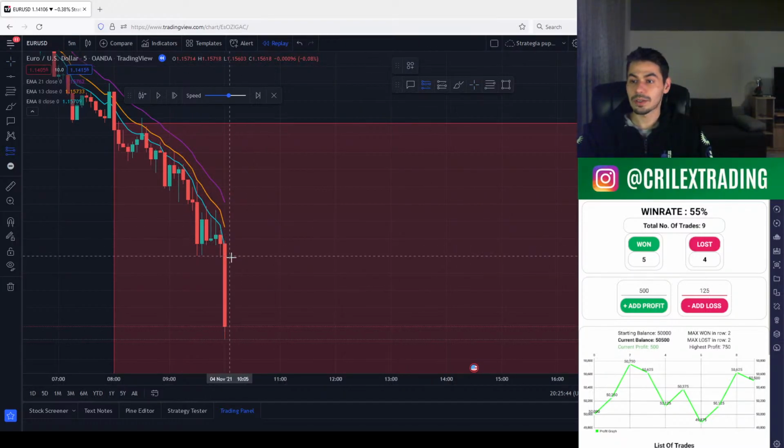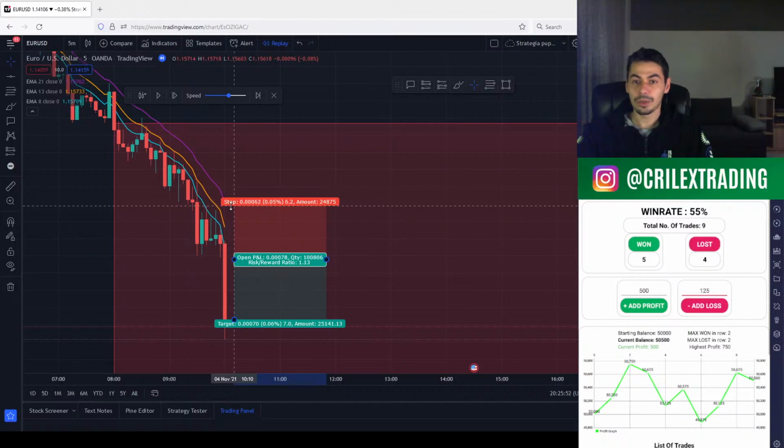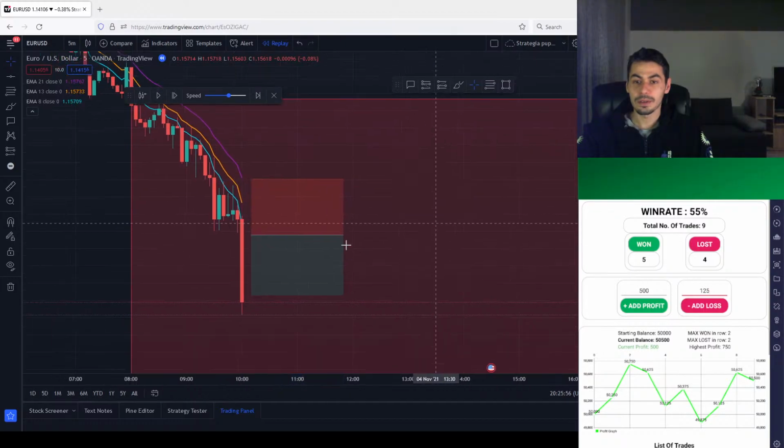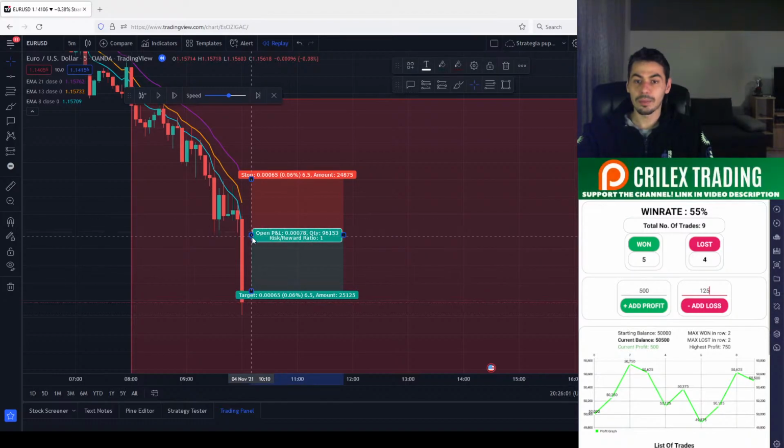So this would be the entry, 3 points below. And the first retest, sorry, would have been this candle. So it's at 65 points. And we are targeting 1-to-1 initially, which has been taken. So we can mark a profit of 1-to-1 right here.